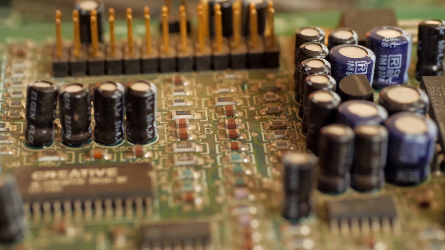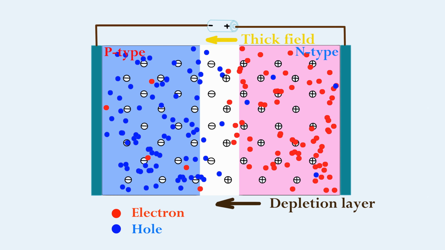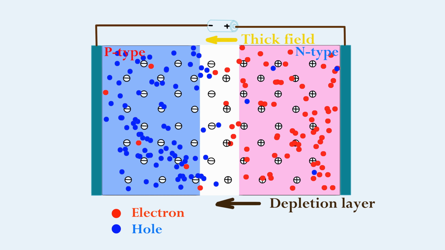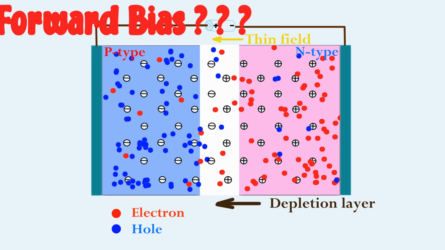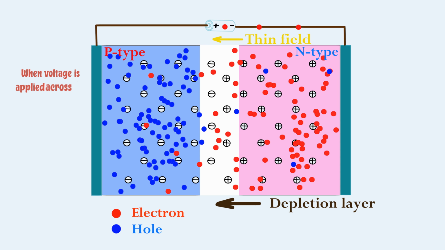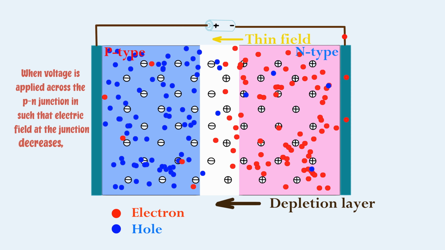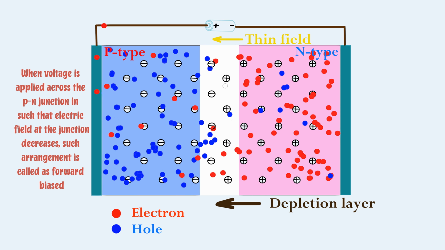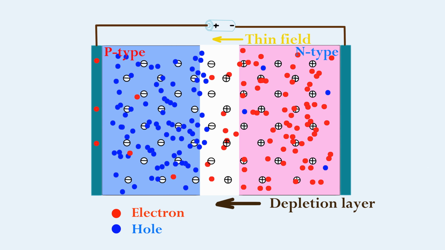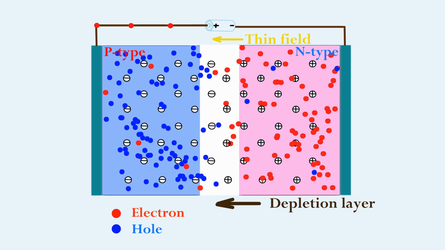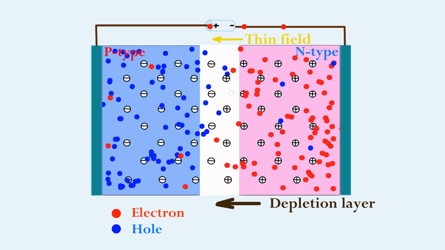In this arrangement, the electric field at the junction increases, thus decreasing the probability of carriers to diffuse from one side to the other side. Whereas, in forward bias arrangement, the voltage is applied in such a way that the electric field at the junction is reduced. In such a condition, the depletion layer is decreased, and the carriers can more easily pass through the depletion region. In this condition, current flows through the circuit.